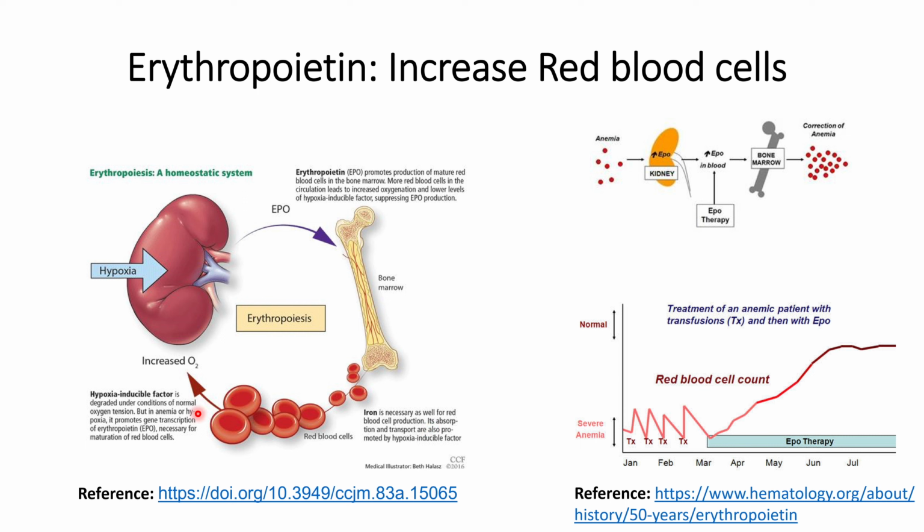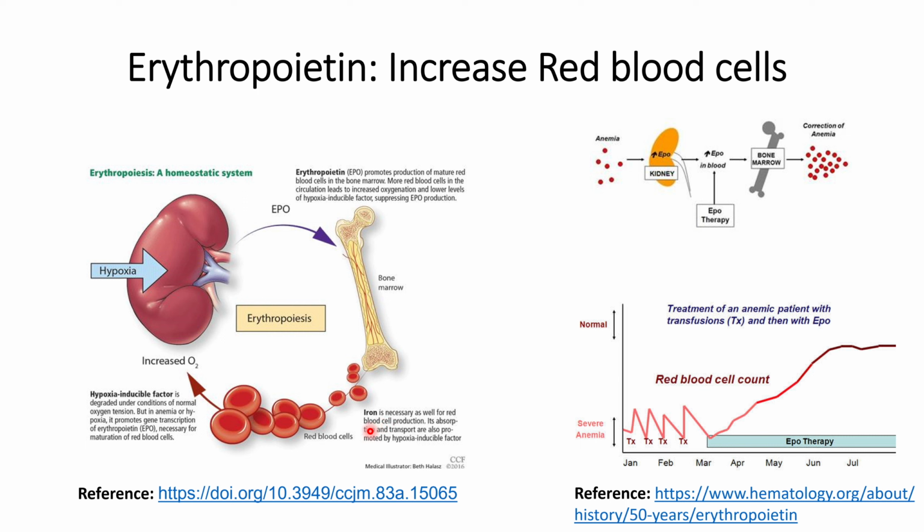So a decrease in oxygen will lead to an increase in this hypoxia inducible factor, and a decrease in oxygen will also lead to a decrease in this iron content. As less oxygen supply is there, one reason could be that the hemoglobin is not enough.